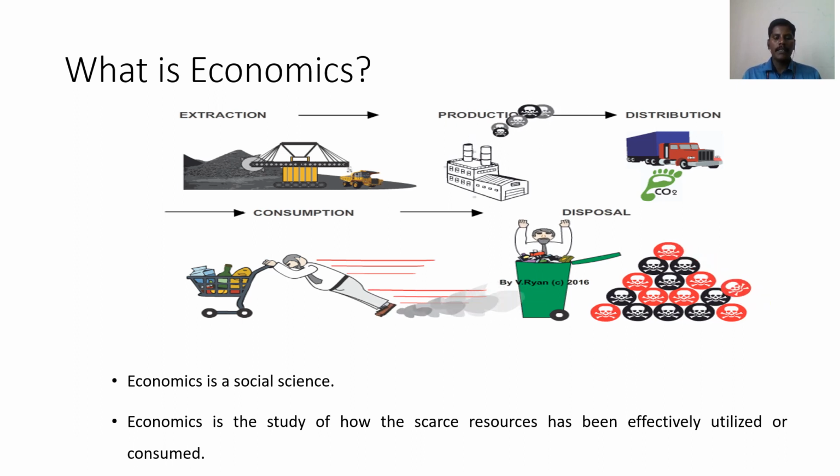If the customer has the capacity to procure only at this price, the product should be offered at that price only, otherwise the customer will not procure it. So economics is the study of how a product is produced and how it is consumed by the customer.